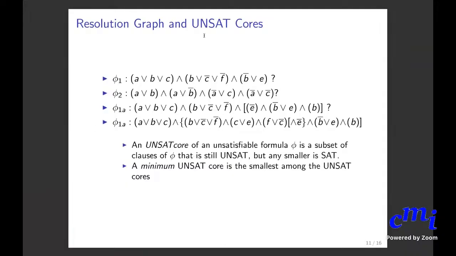There's this notion of unsat core. If a formula is unsatisfiable, phi 2 is unsatisfiable, so are phi 1a and phi 1b.